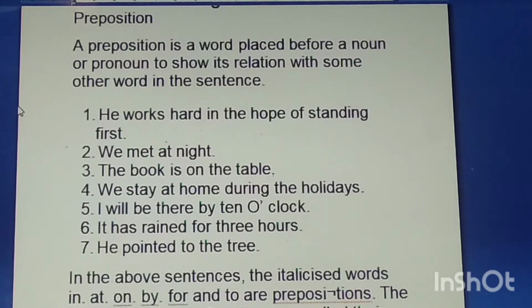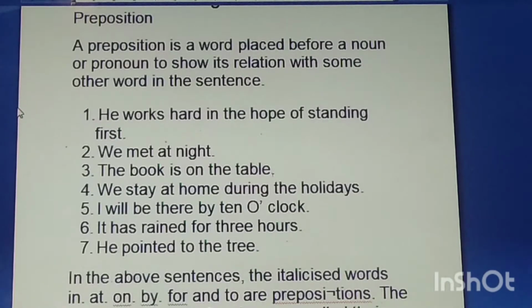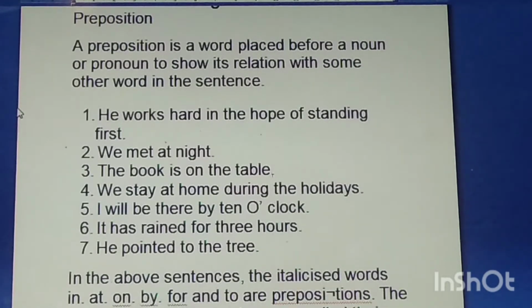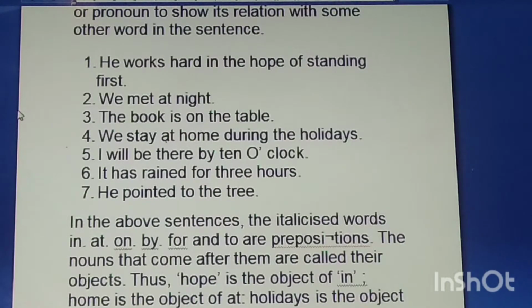Okay, children? And this is done to show relation with some other word in the sentence. Yes, children. So you remember this? It is used to show its relation with some other word in the sentence.